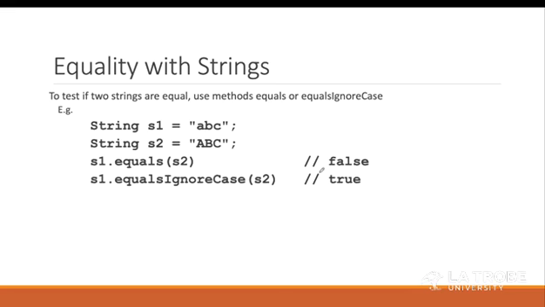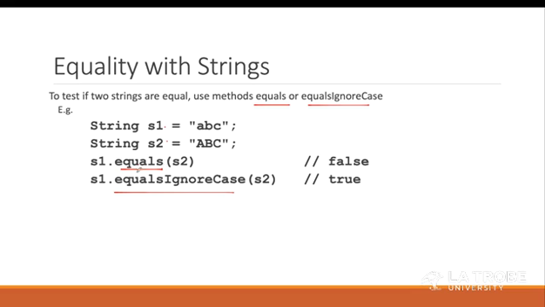So what do we do if we want to check for the equality of the strings? Then we test those strings using the methods called equals and equalsIgnoreCase. Remember workshop 2 that we did last week. In order to compare the content of string 1 and string 2, you need to use either equals or equalsIgnoreCase if you want to ignore the case.